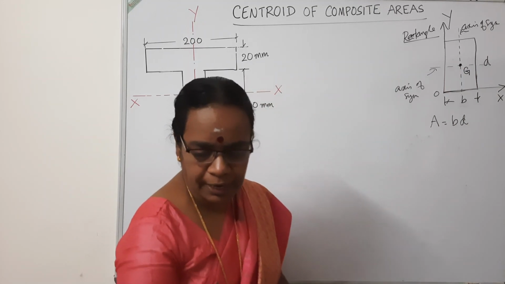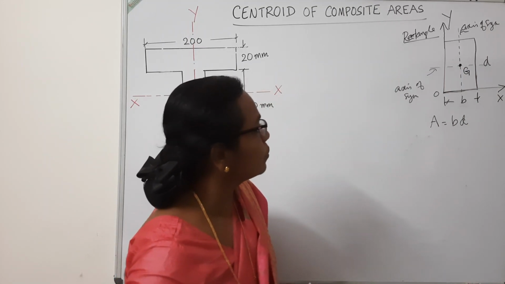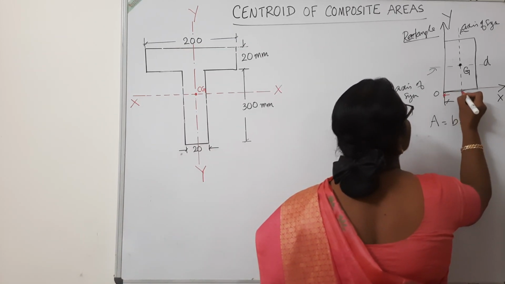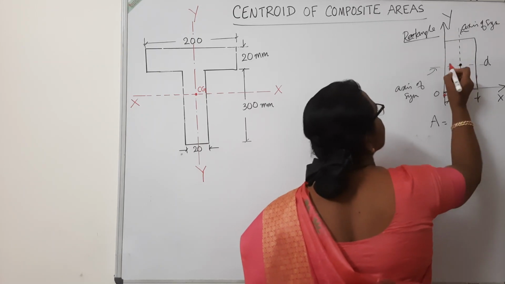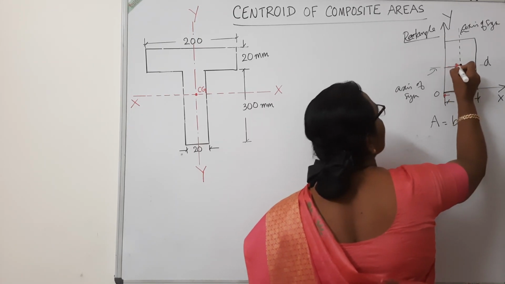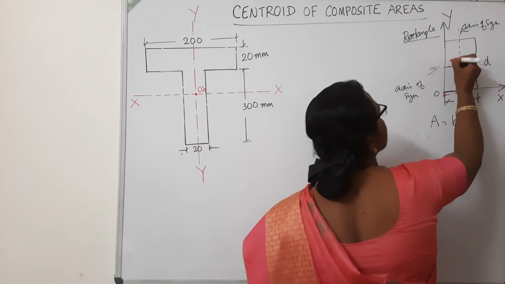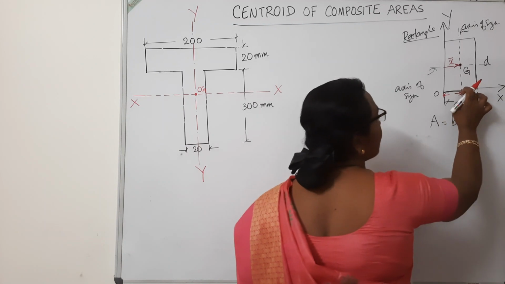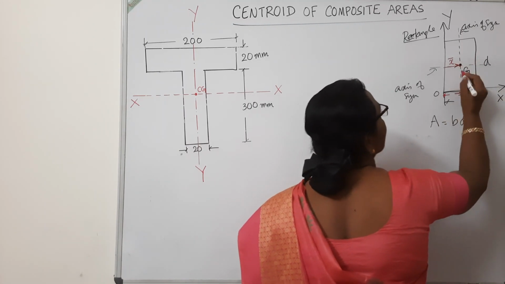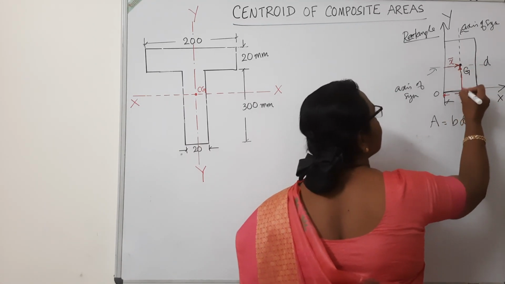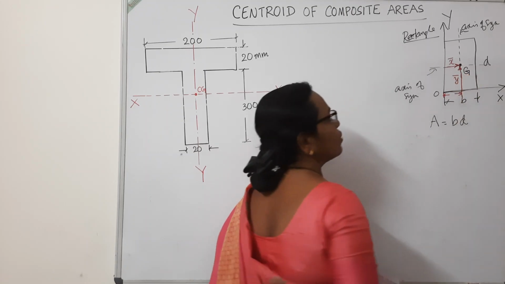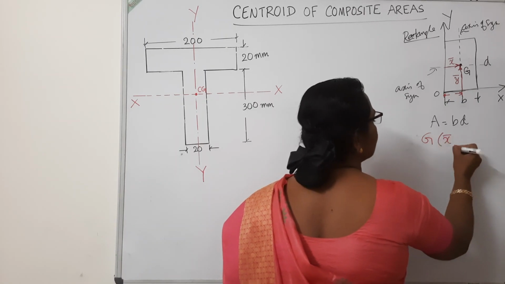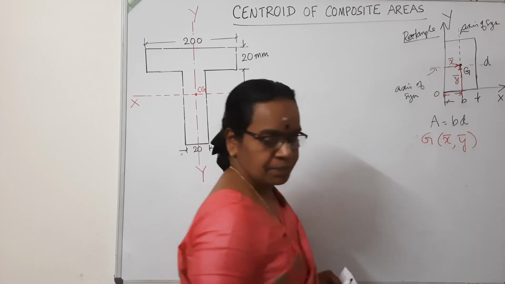The distance from the y-axis up to the center of gravity is called x bar. The distance from the x-axis up to the centroid is called y bar. So the coordinates of the center of gravity G are denoted by x bar, y bar.